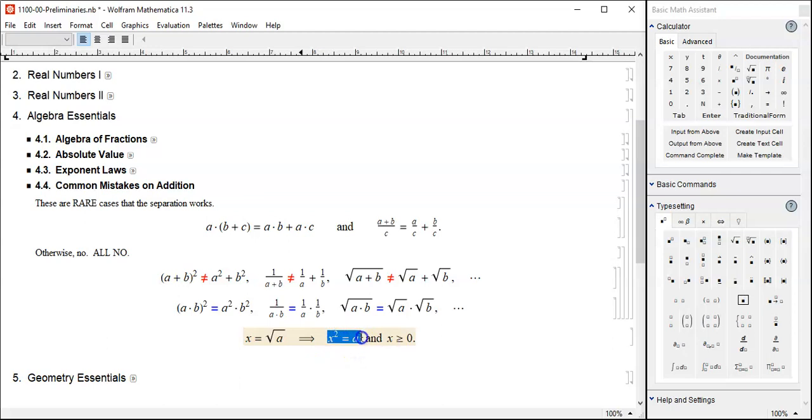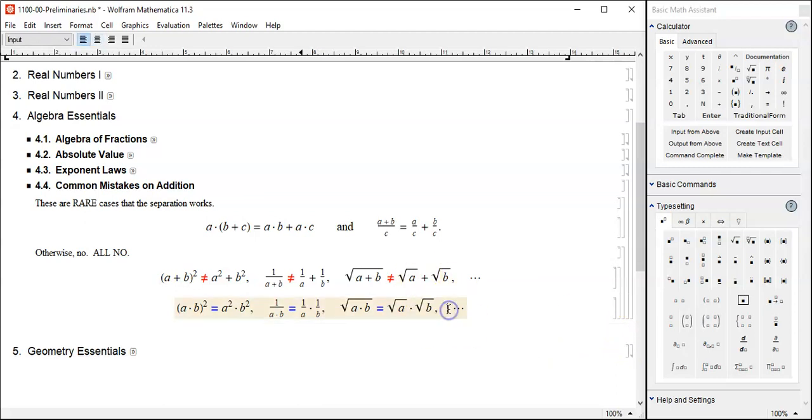Because here there are two possibilities. x squared equal to a, okay. Then negative x is also a possibility here, so we have to restrict it. In any case, you see, radical was defined from repeated multiplication. So yes, it works for multiplication. But as for addition, no.